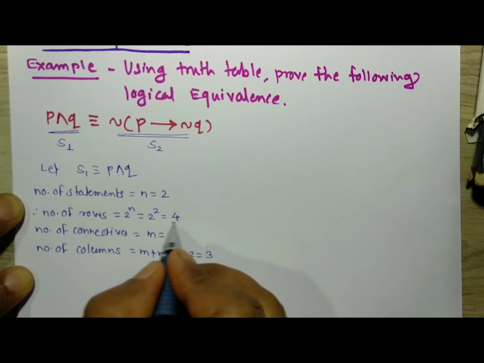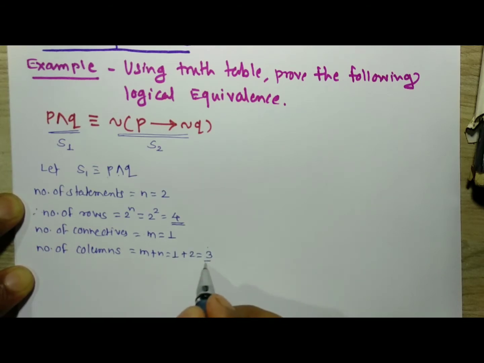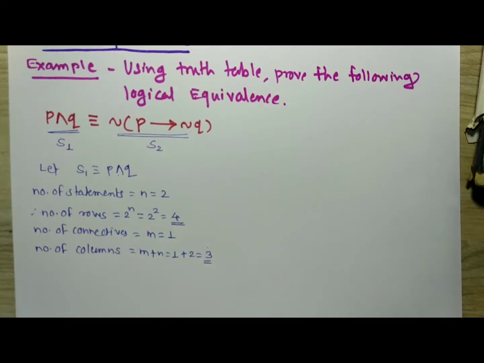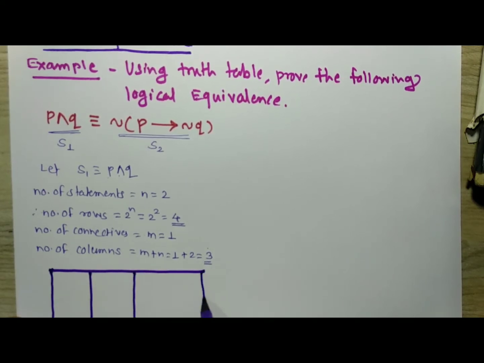That means our truth table has 4 rows and 3 columns, so first we draw the 4 rows and 3 columns.